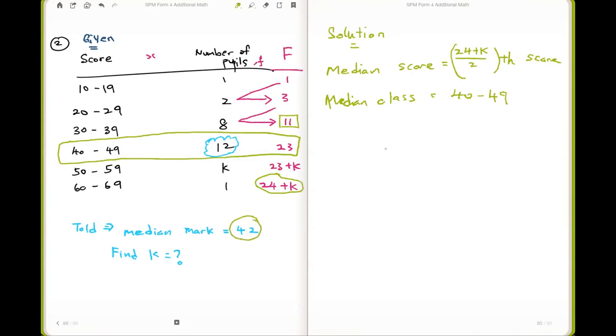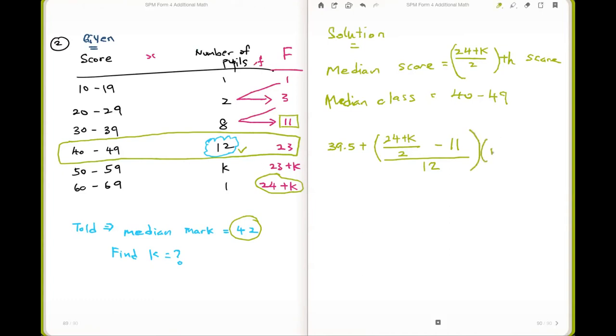Since given the median is 42, the lower boundary would be 39.5 plus the total frequency by half, subtract the cumulative frequency before the median class, over the frequency at the median class, which is 12, which I highlighted over here, times the size of the class, which is 10, equals 42.